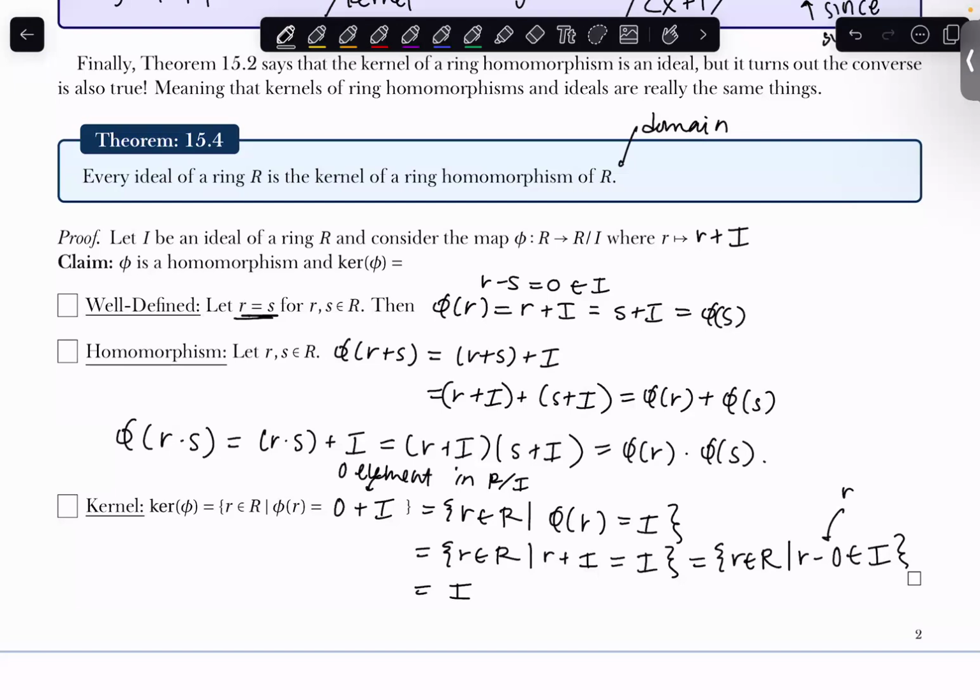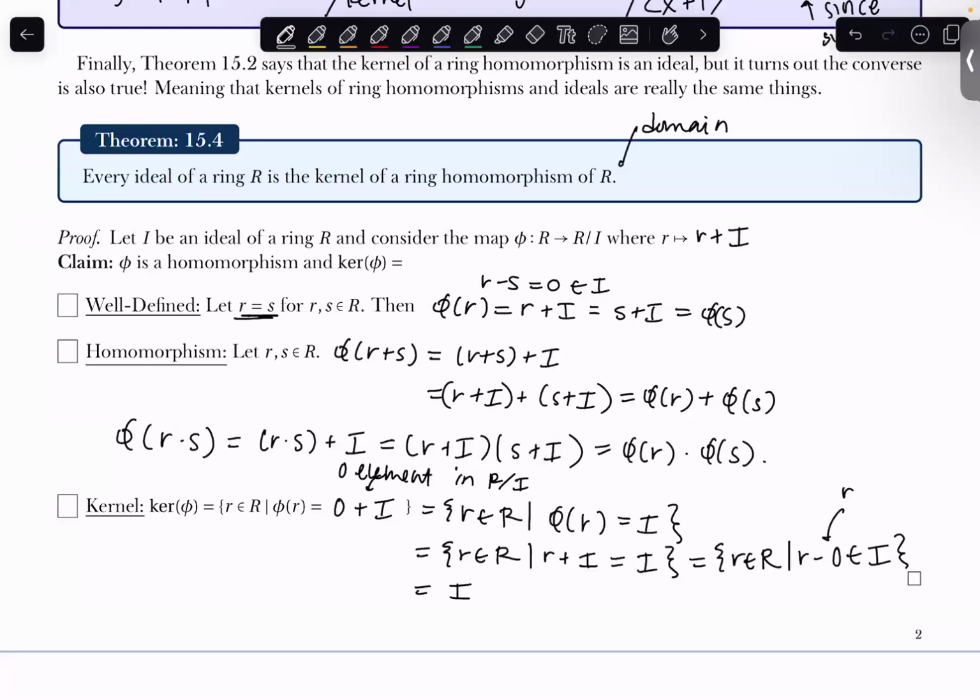So your kernel really does give you back the whole ideal here. Right, and I could have done this like double containment, taken something in one and shown it's in the other, and then vice versa. But because we did equality of sets, we're done. We really did show that both sets were equal to each other here, because all of these really were if and only if, so we can interchange these statements here.